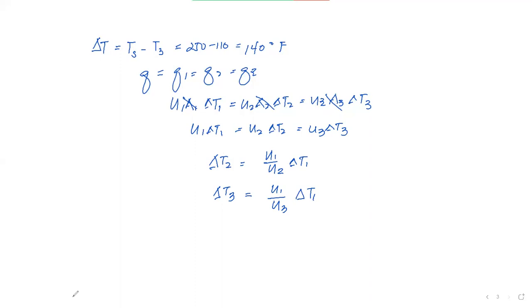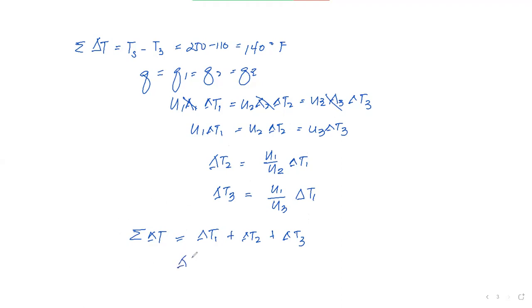So the summation of delta T, the overall driving force for heat transfer, will be the sum of delta T1, delta T2, and delta T3. You get to see the reason why we express the other delta T's in terms of delta T1: so that we can solve for it.